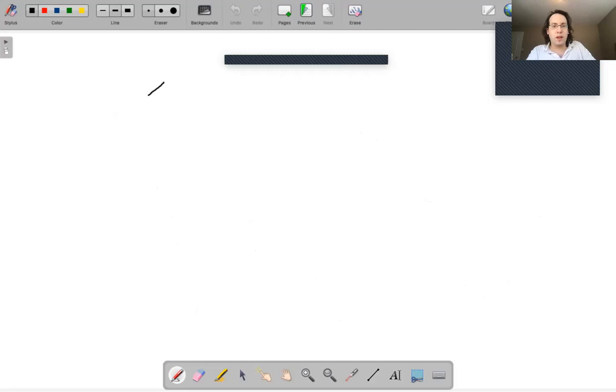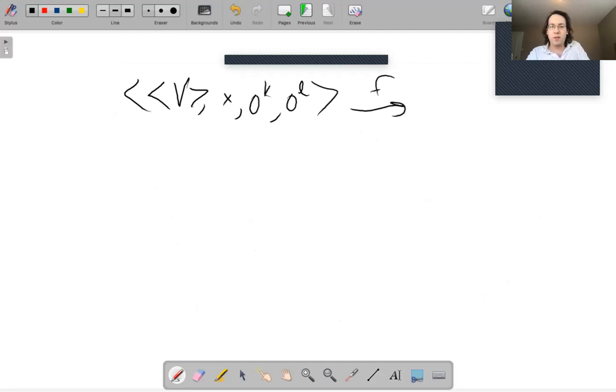So what we want to do is take an input which looks like this. Checking the formatting is easy, so I'm going to assume that's already done when we start. So let's suppose the input is formatted like this, and we want to check if it's in A. We want to convert this via some mapping reduction to a satisfiability instance, such that this is in A if and only if this thing is in 3SAT.